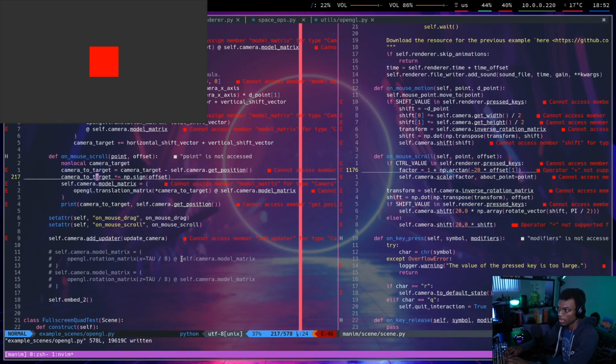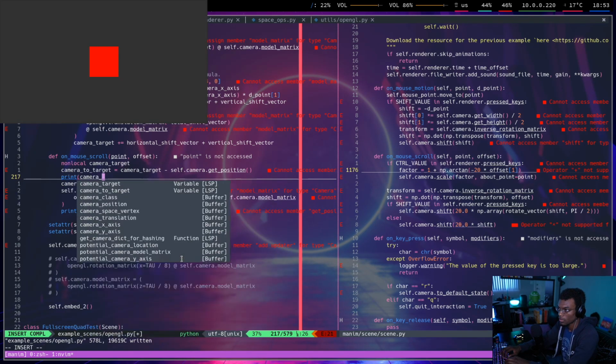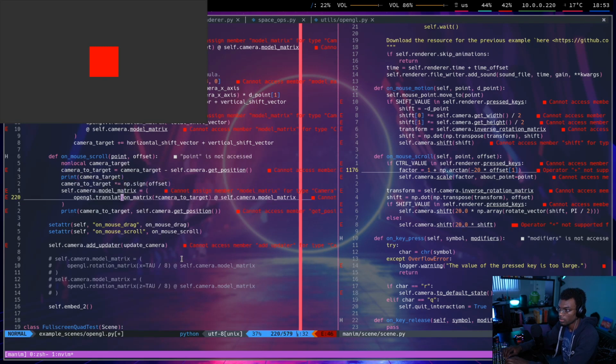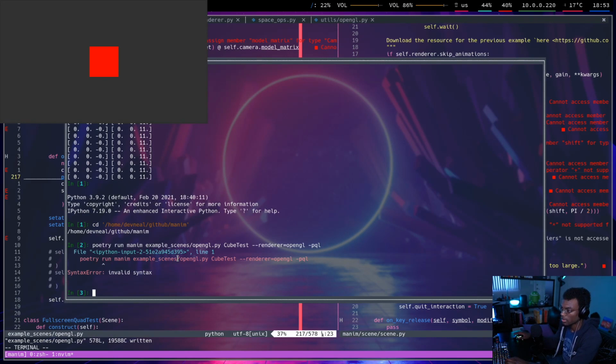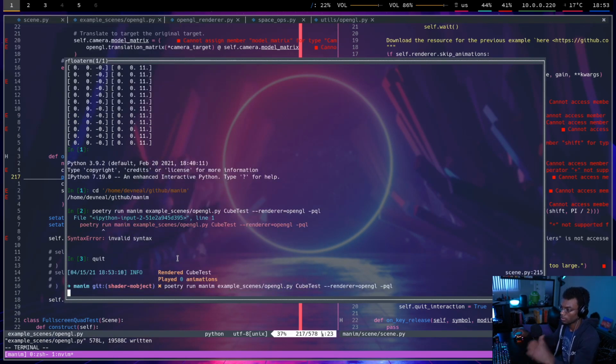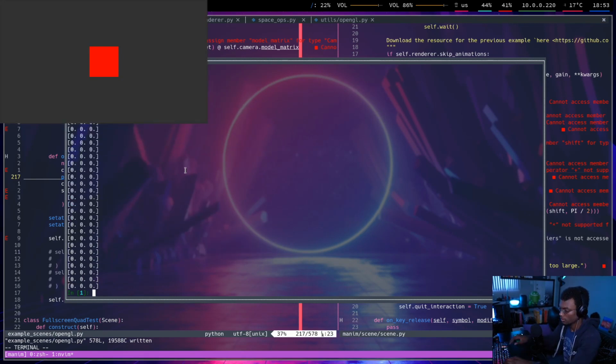Which is... oh, I'm doing camera to... wait, camera target minus camera target starts at the origin, right? Something fishy. Camera target. So this should be the origin when I first start. And it is.